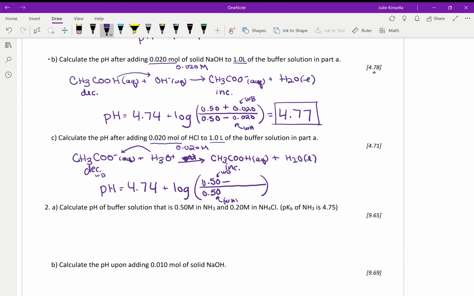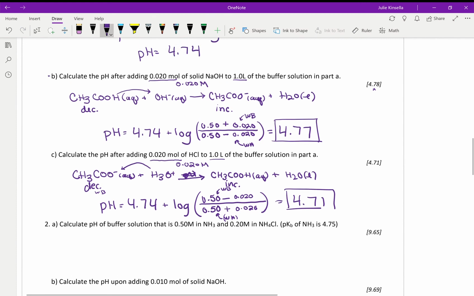And then our acetic acid is increasing, so we're going to do plus on the bottom. Okay, our amount was 0.020. Okay, and if we plug that into our calculator, and rounding to sig figs, we get 4.71.